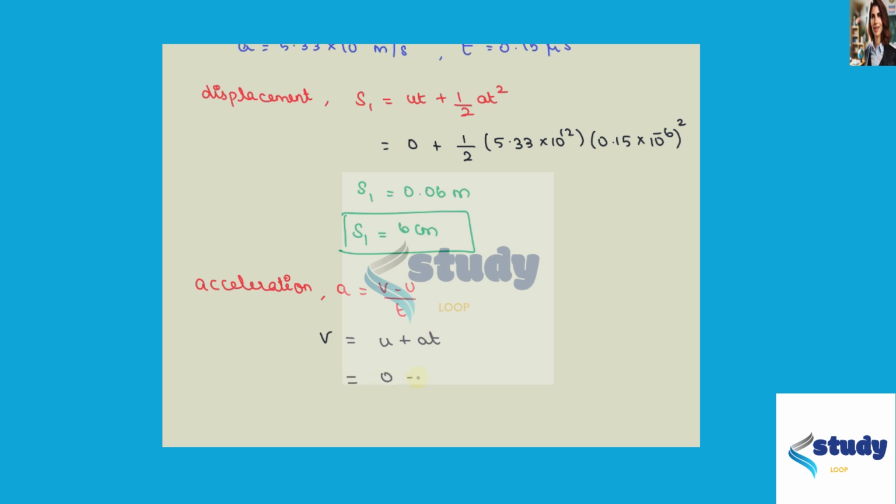This is 0 plus 5.33 multiplied by 10 power 12 multiplied by 0.15 into 10 power minus 6, so that I get the final velocity v as 8 into 10 power 5 meter per second. So the final velocity of the first segment will be the initial velocity for the following segments.